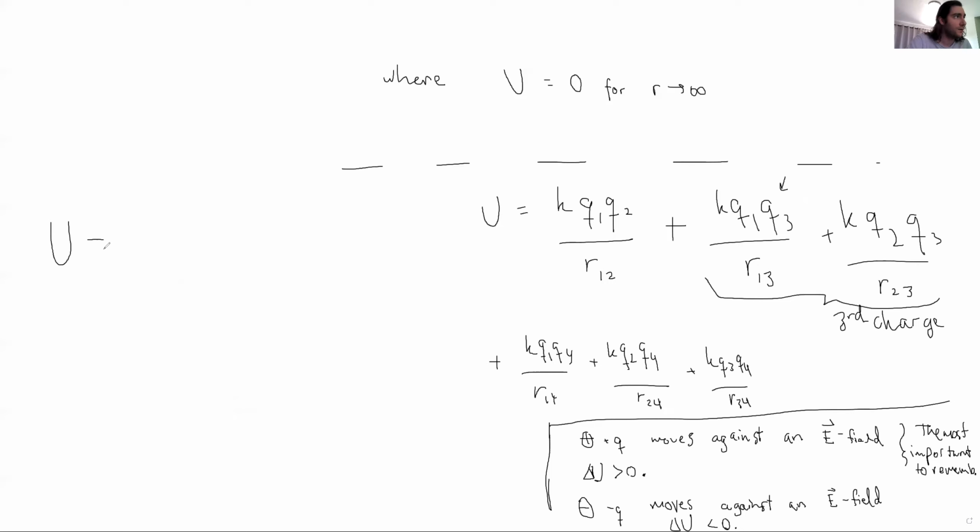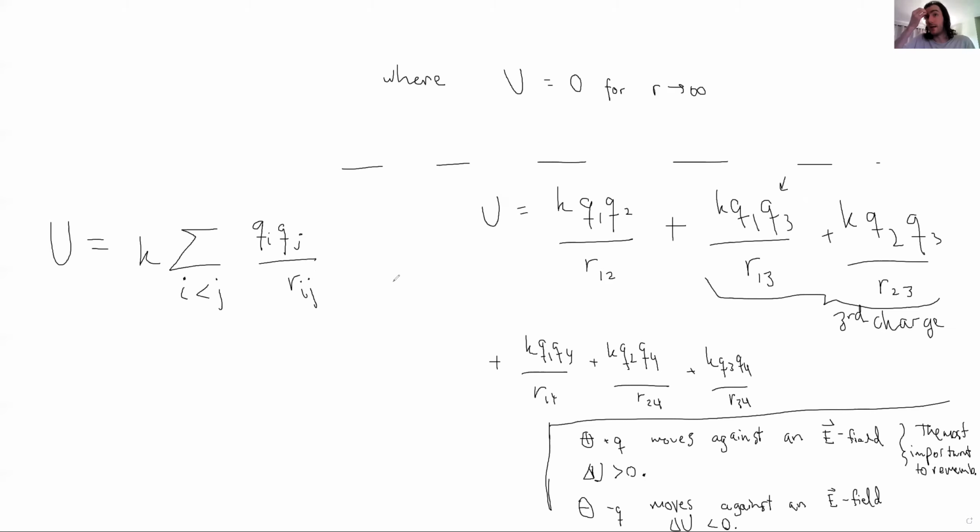So U, for a collection of point charges, they write it as 1 over 4 pi epsilon naught. We're just going to use Coulomb's constant here. And then they write a single summation, but really what they mean is a double summation. So they sum terms for i less than j, q sub i, q sub j, over r sub ij.